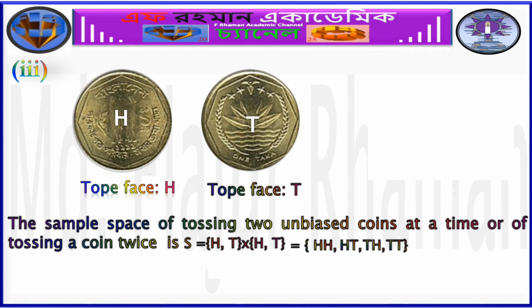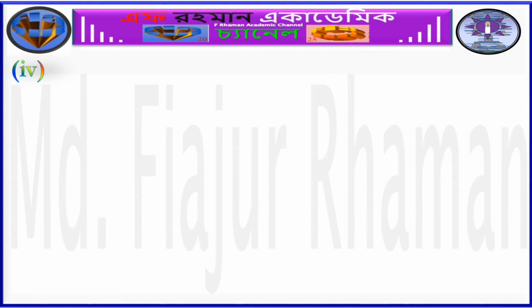If the coin is tossed 4 times, then the number of sample points will be 2 to the power 4, equal to 16. If a dice is thrown twice, then the number of sample points will be 6 square. If a dice is thrown thrice, then the number of sample points will be 6 cube, which is equal to 216.